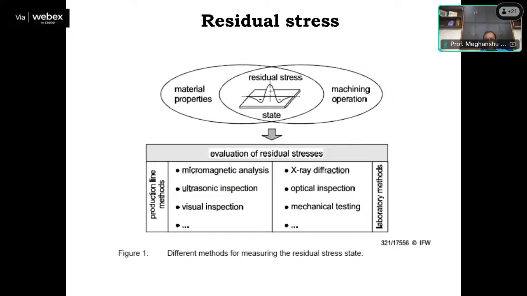How can we assess the residual stress? We have various techniques. These techniques are optical inspection, mechanical techniques like hole drilling methods. We also have strain gauge based methods. We also have the neutron diffraction technique, which is very costly, and we also have a very popular and well established technique, that is the X-ray diffraction technique or XRD technique, for assessment of residual stress.